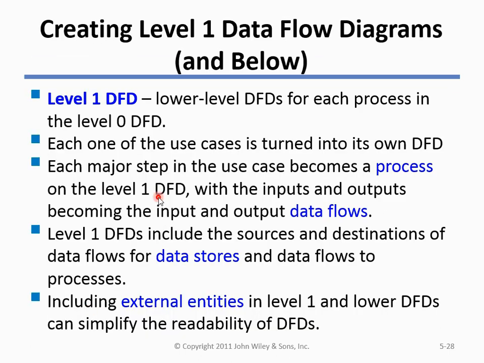And yeah. Each one of the major use cases is turned into its own DFD, and that's what happens at level 1. And those are the main processes. You can read this. The external entities you need, the data stores you need, you just bring them in.